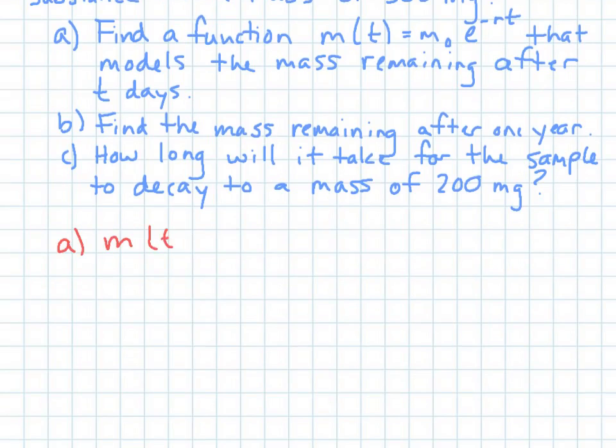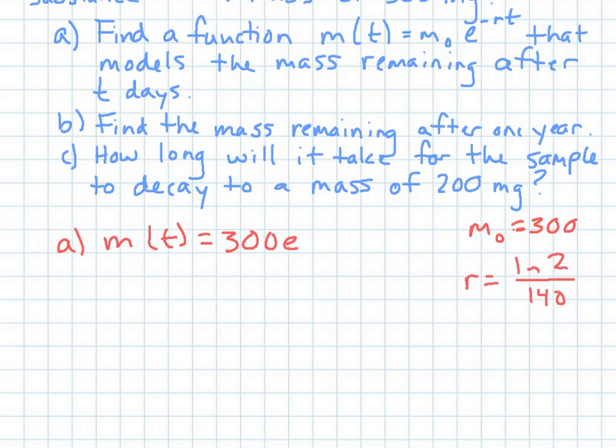So just like the A for all of these, I want to write the general form for this. I'm starting with an initial amount of 300 milligrams, so that's what I'll put in for m sub 0 times e. Now I need to find r. So r will equal ln of 2 divided by the half-life, so 140 days. That value actually rounds. Now you can do one of two things.